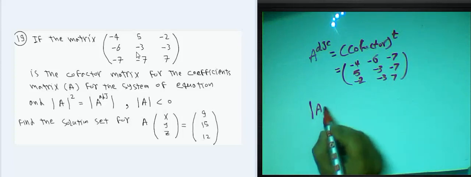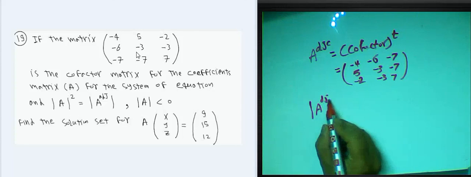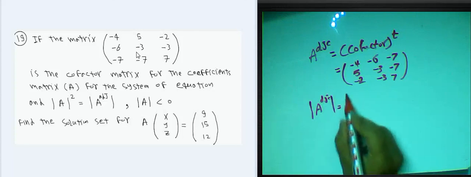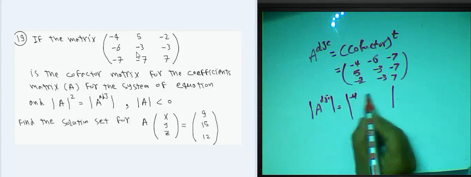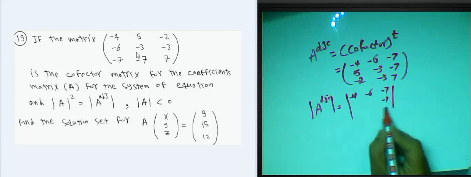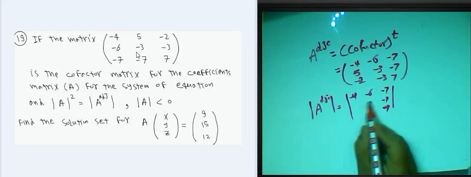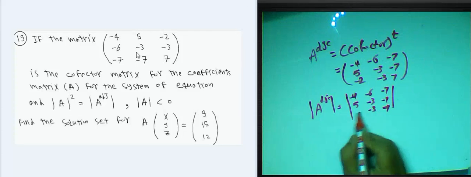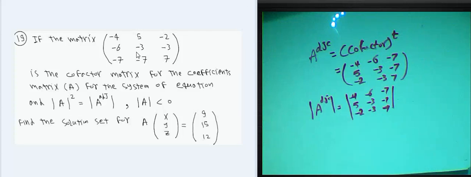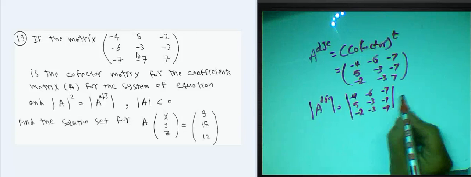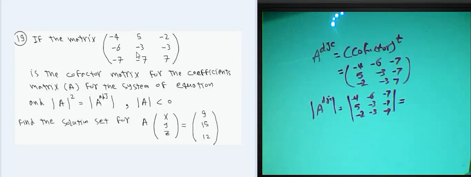And we can find the determinant of A adjoint here: -4, -6, -7, -2. We can find the result in the simplest form for this determinant. Will the result be negative or positive? We can find the absolute value less than 0 here.